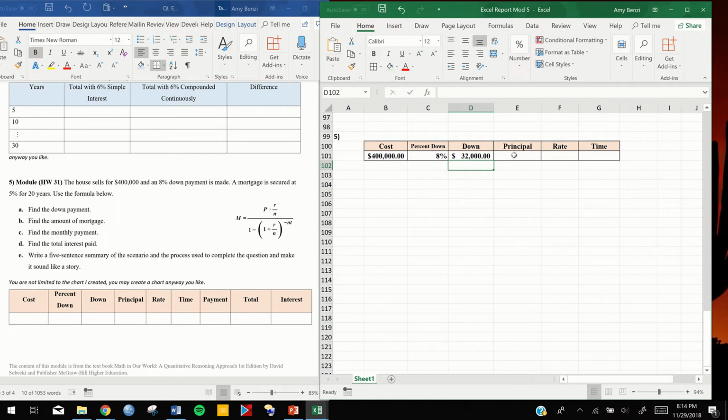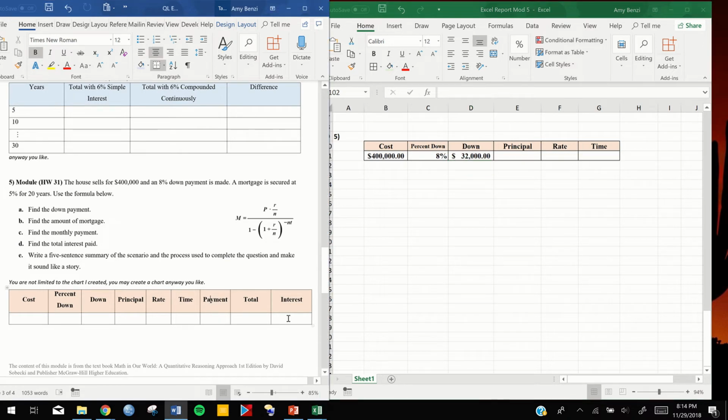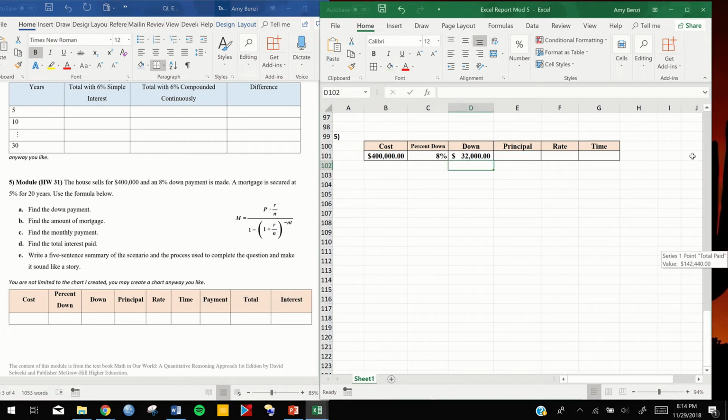All right, so now we want to know the principal. Well, the principal is how much we borrow. So the principal is going to be, sorry, I just got distracted because I just realized I didn't get all of the cells here. What is the principal going to be?